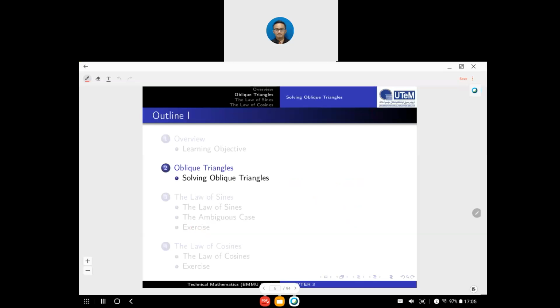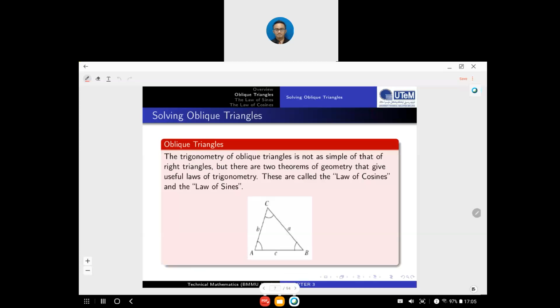Looking at the first one, solving oblique triangles. What is an oblique triangle? The trigonometry of an oblique triangle is not as simple as that of a right triangle. For right triangles from chapter 2, we have the angles 60, 30, 90 degrees, and the other one is 45, 45, 90 degrees, which are special triangles.